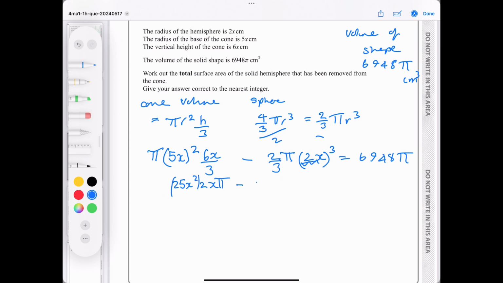That's fine, just times that out in a minute, and that's pi, minus 2/3 pi 8x cubed equals 6948 pi. Let's get rid of the pi's for a bit because they're really irritating. And then let's go 50x cubed minus 16/3 x cubed equals this.